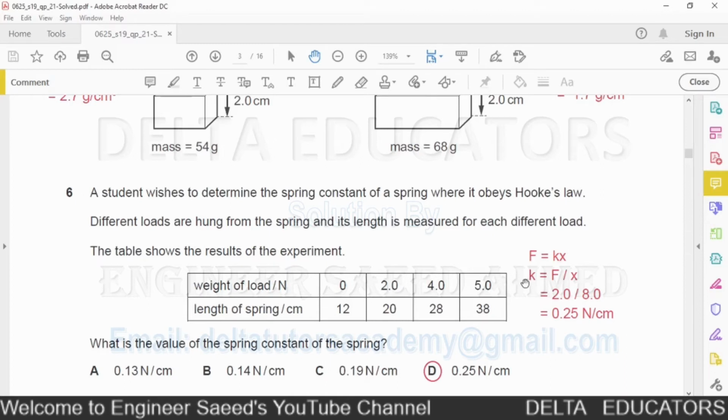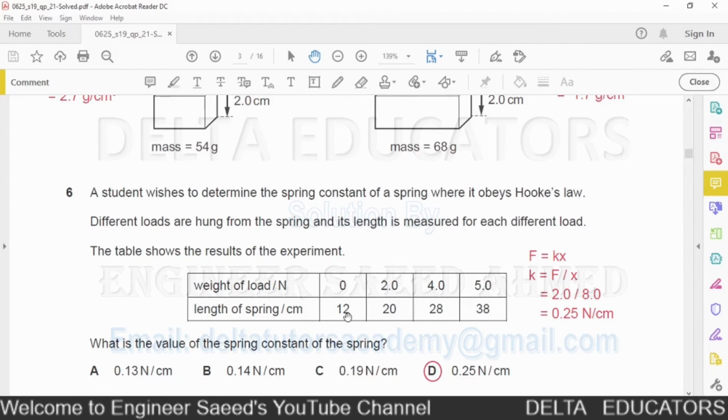So spring constant will be equal to F over x. Here the value of force, the value of weight is 2 Newton. Now what about the extension? Here it is given the spring length is 12 centimeter when the force is 0. Now when the force is 2 Newton, the length is 20 centimeter.